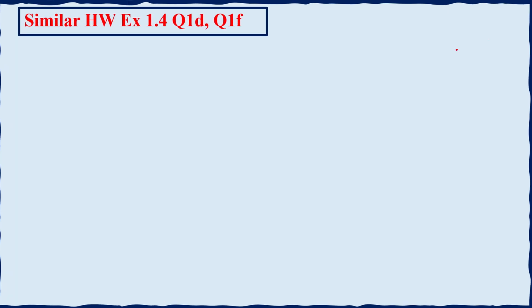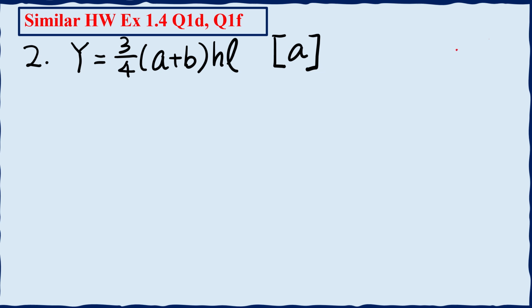For question 2, this is similar to your homework, exercise 1.4, question 1D and 1F. Let's take a look at the question. We need to make the letter A the king. So what is step 1?